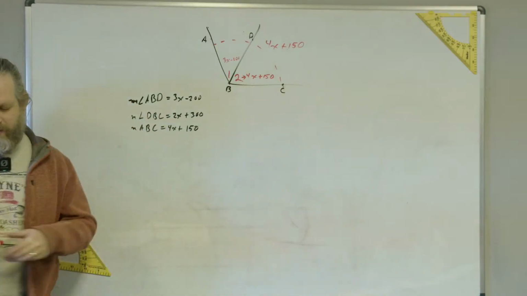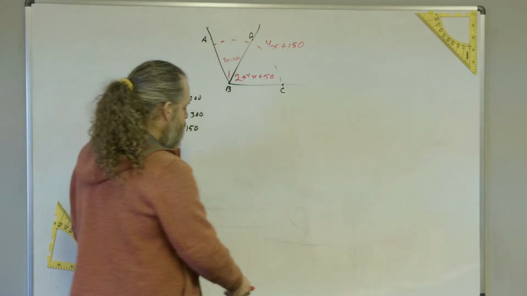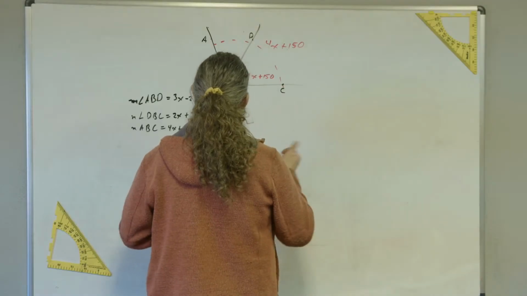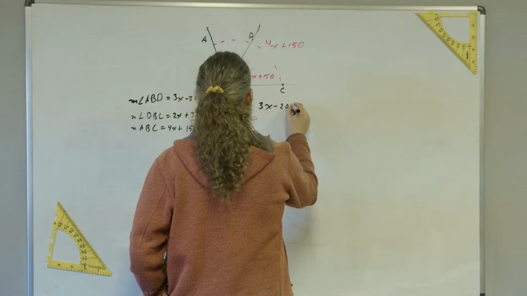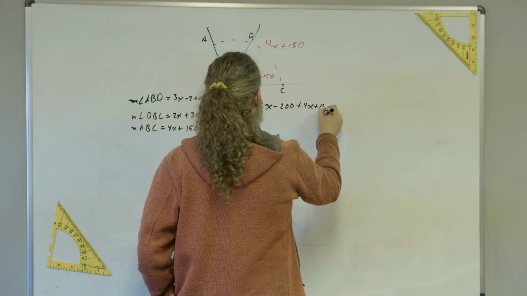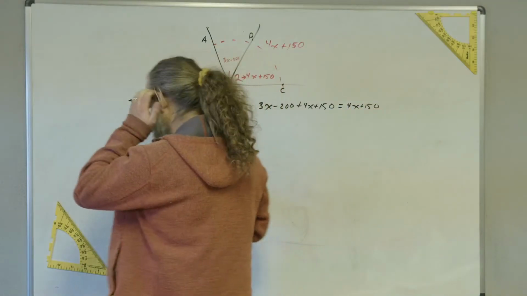So how are all those angles related to each other? 1, 2, and the big one. 1 and 2 added up equals the big one. That's true. So that's the formula we can write. All right.